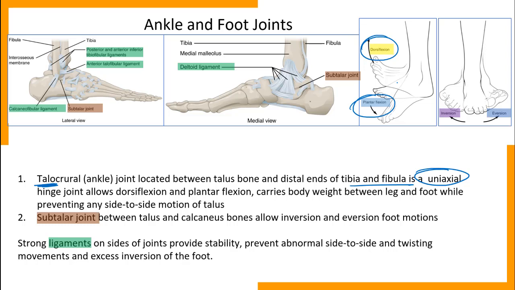And then you've got the subtalar joint, which is between the talus and the calcaneus bone to allow the inversion and eversion movements. Again, note that we've got a lot of ligaments in the ankle and foot joints in order to stabilize that whole area so that we can run, jump, walk, skip, bounce around, and all that kind of stuff.